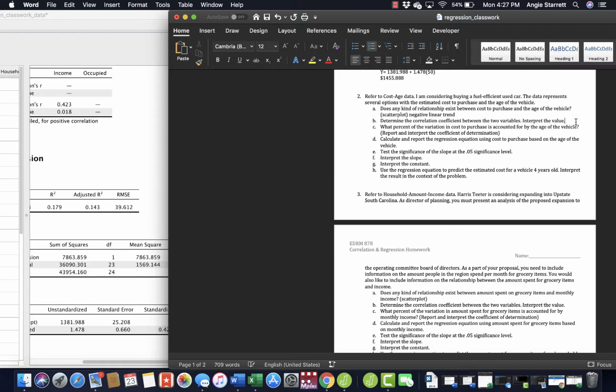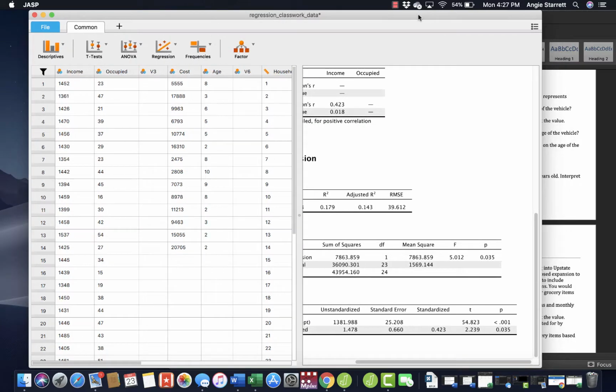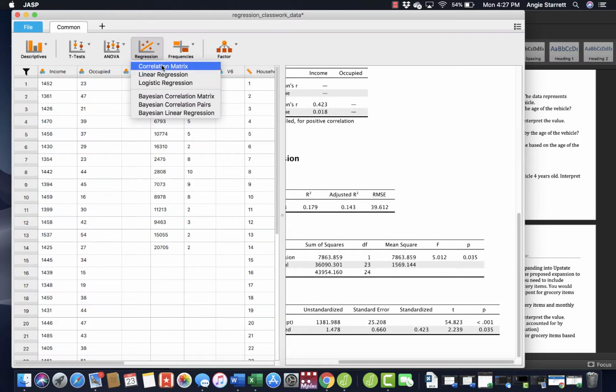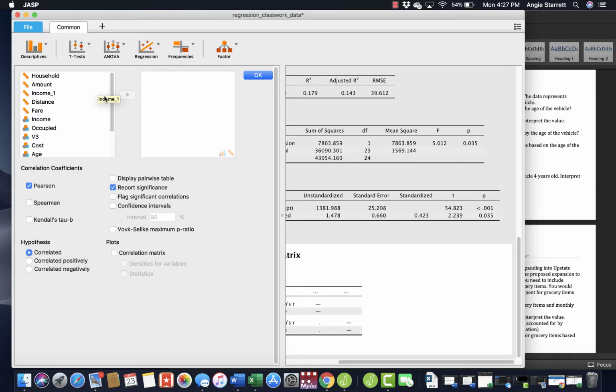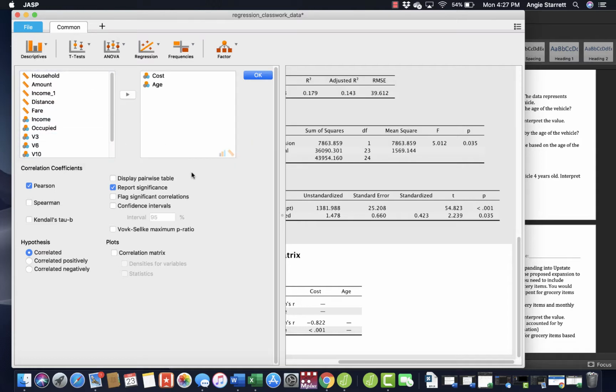All right, and we want to compute the correlation coefficient. So we go into correlation, and we put in cost and age. We're interested in, are they correlated negatively?